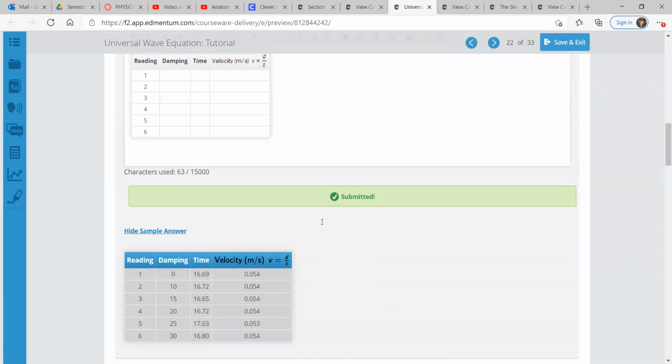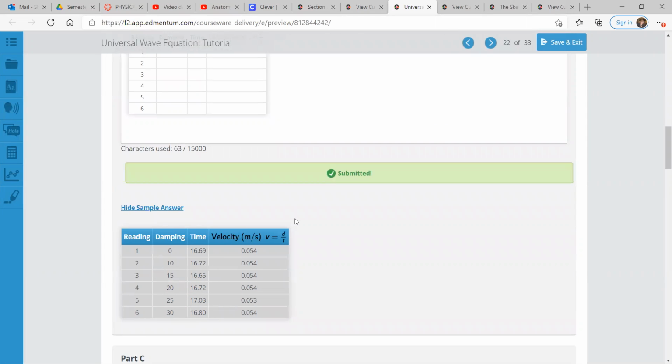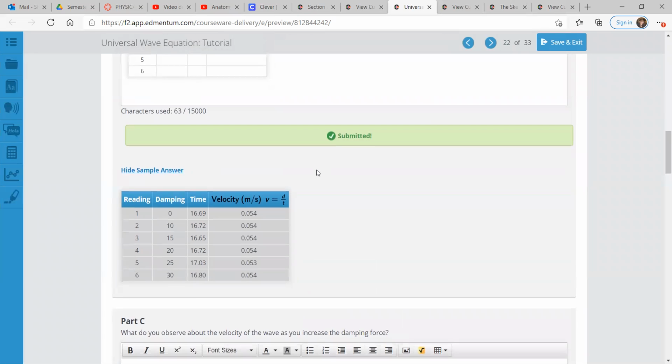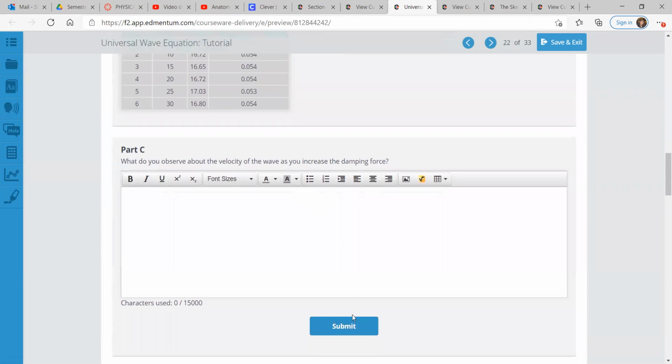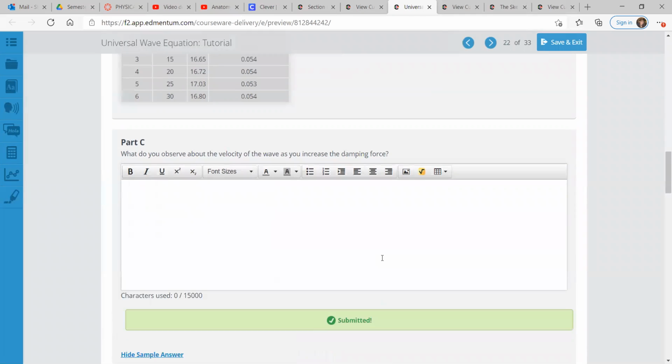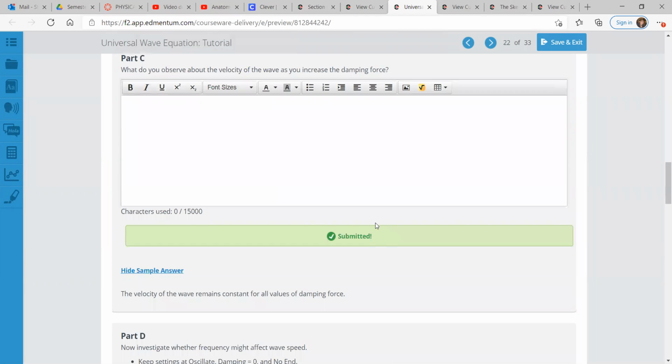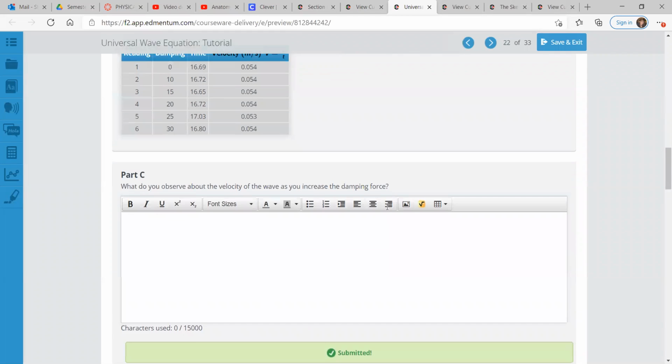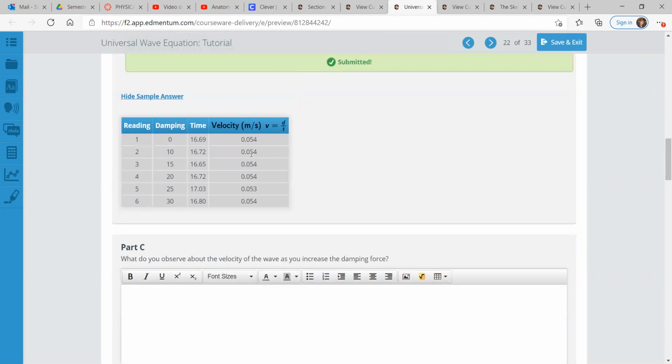Then it tells you to take a couple of measurements. What do you observe about the velocity of the wave as you increase the damping force? The velocity of the wave remains constant for all values of the damping force. If you look here, they're all very close.